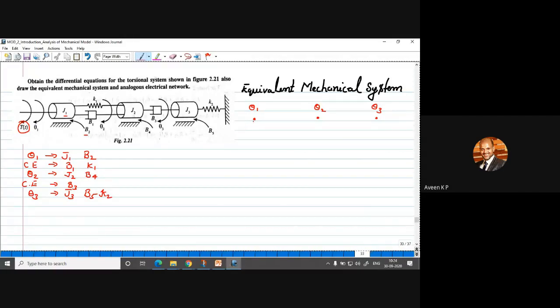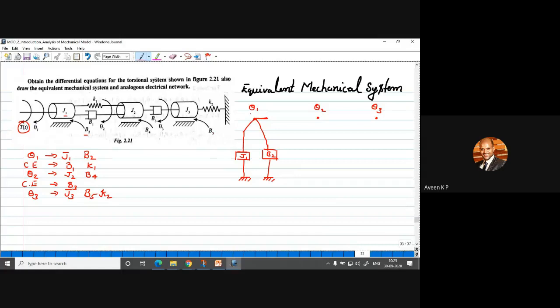The first block will represent J1, and you ground that. The second block will represent B2, and again ground that. You can see the common element between theta 1 and theta 2, I have represented B1 and K1.